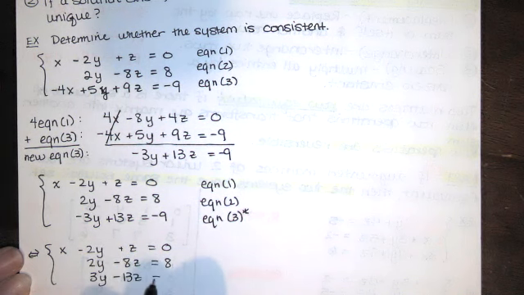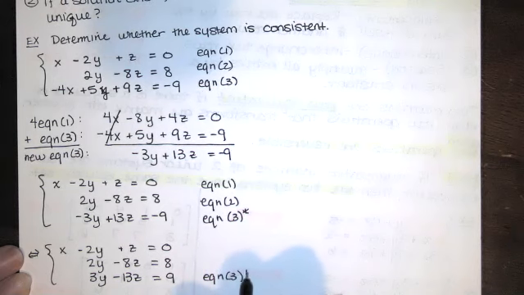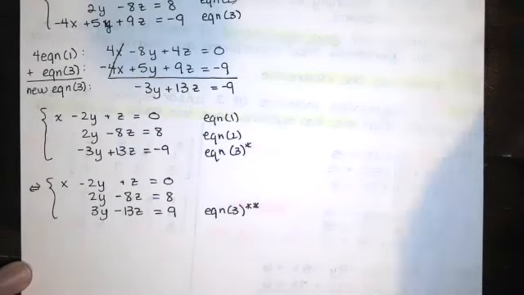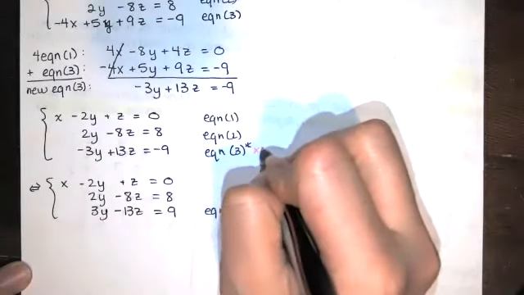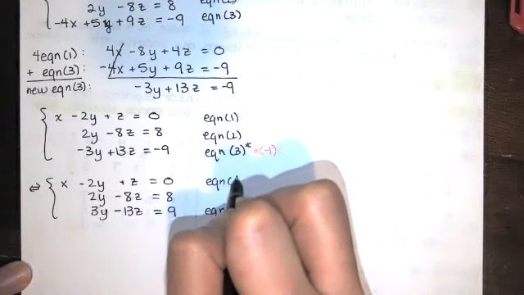That would just change the signs on everything, right? I'll call that equation 3 star star. And equations 1 and 2, I'm still leaving those alone.